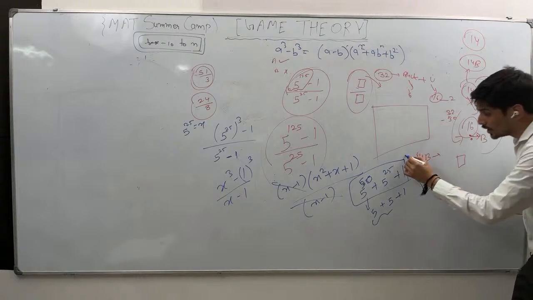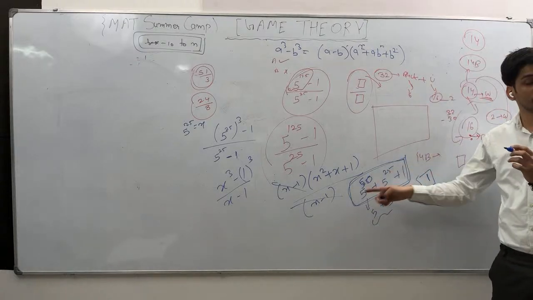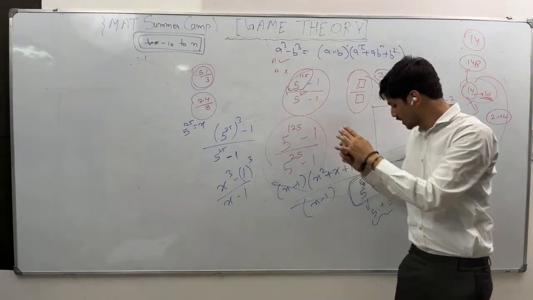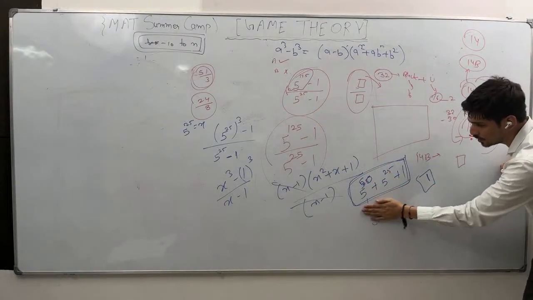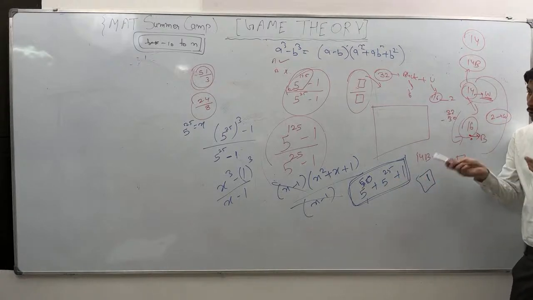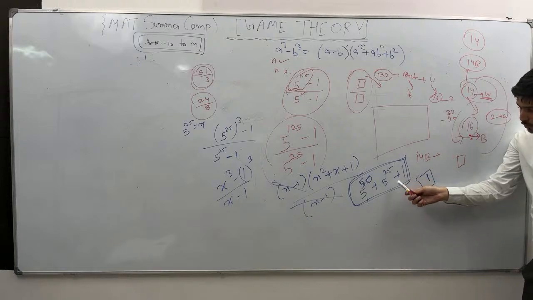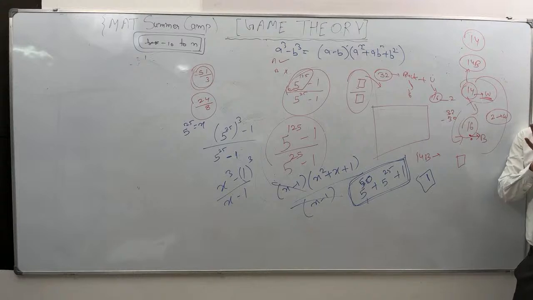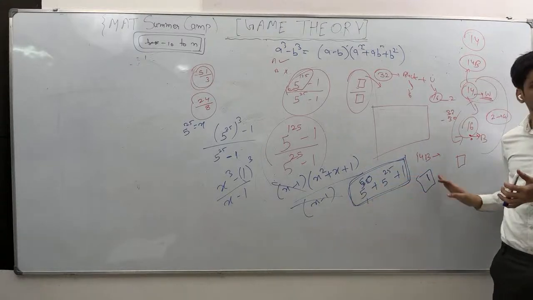But now tell me, this is an odd number, right? From here we cannot identify, it is a little difficult. If you can identify from here, tell me, will it be an even number or an odd number? Odd number. But an odd number can be a prime number or a composite number also. So now tell me, from here how can we identify whether this is a prime number or not? So far we have simplified this one.